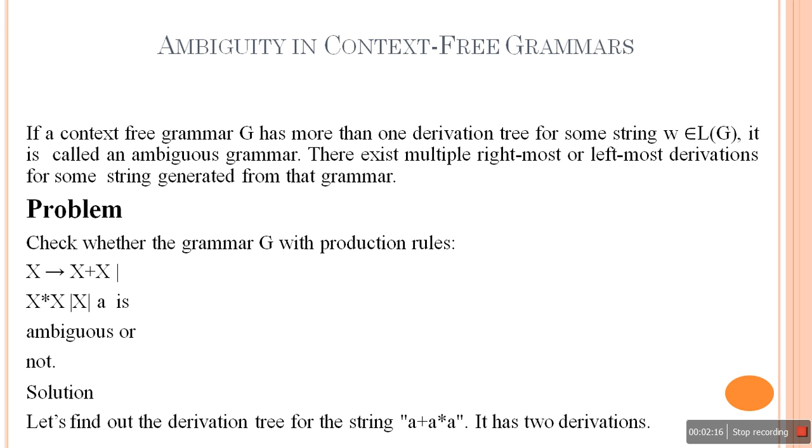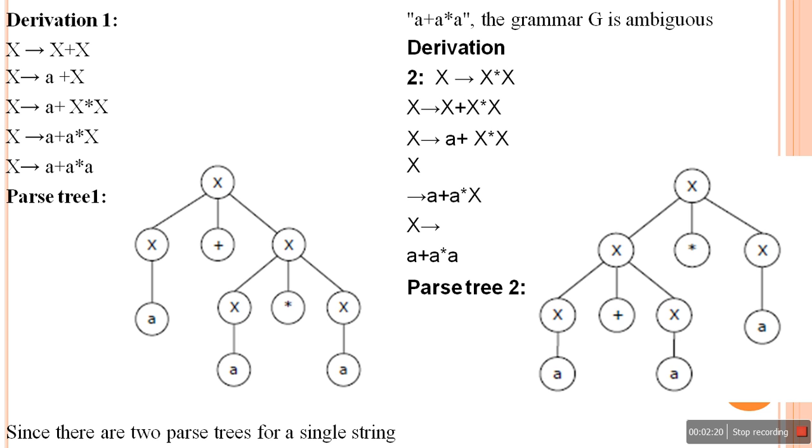We will see that this grammar has two derivations. Derivation 1, where we will take the production rule X + X to replace X, and derivation 2, where we will take X * X to replace X. When we take X + X to replace X, we will see step by step that it yields the result a + a * a.